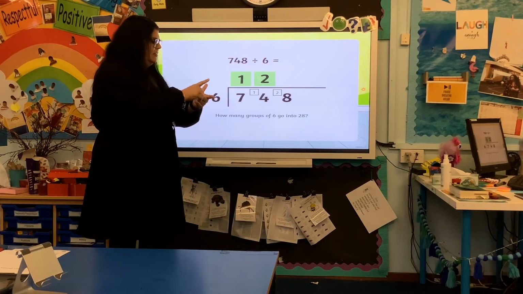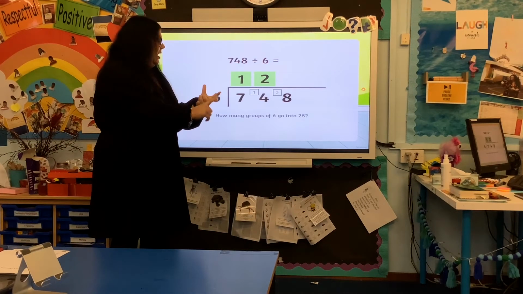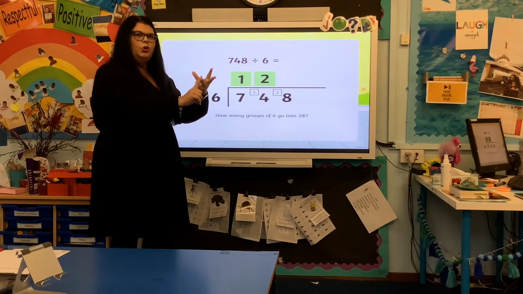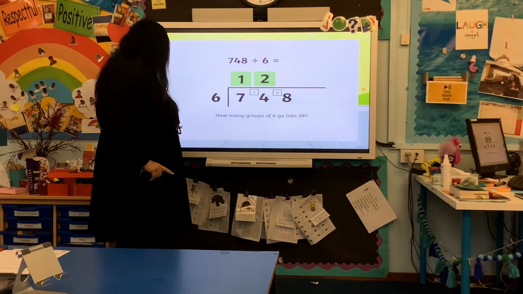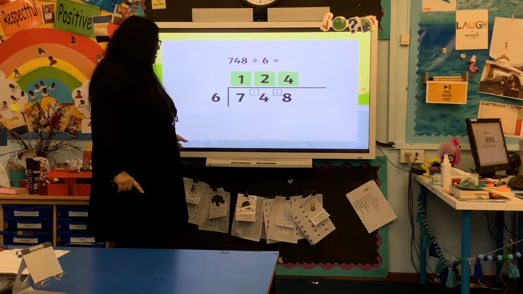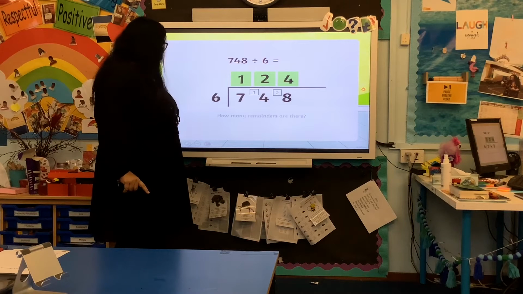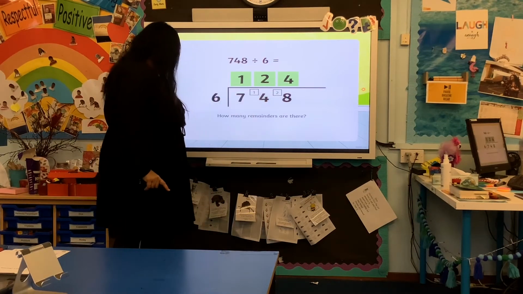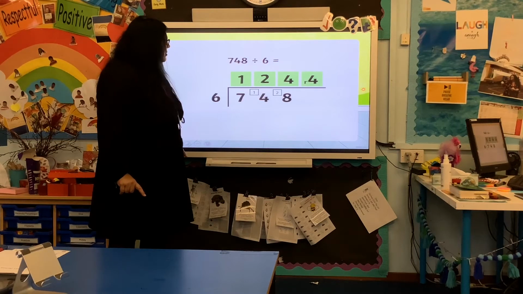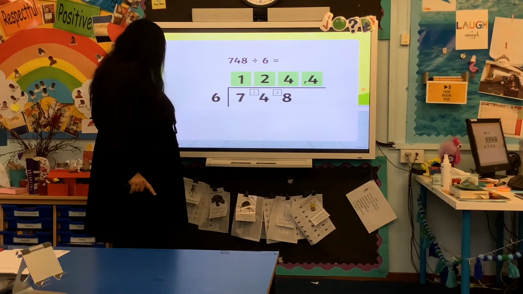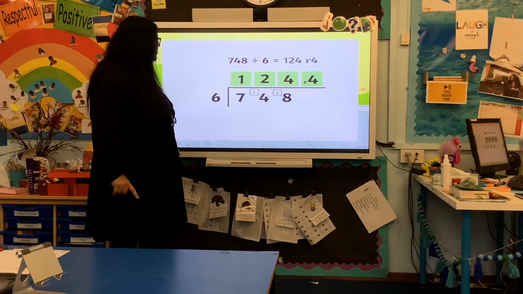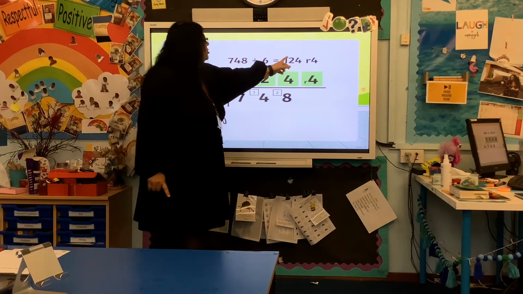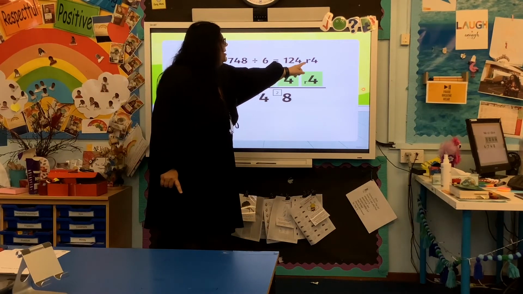So we've got 6, 12, 18, 24, that means there's 4, and I got to 24, so how many remainders are there to get to 28? And the answer is 4. So again, how you'd write the answer is 124, remainder 4, and again that's just an R4.